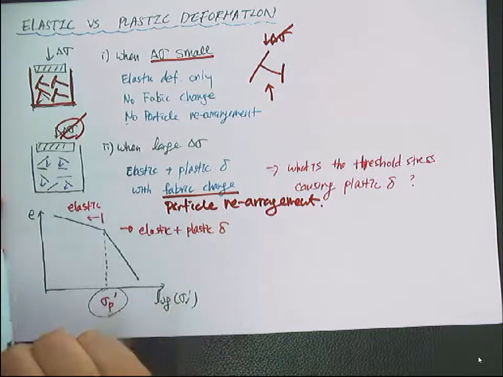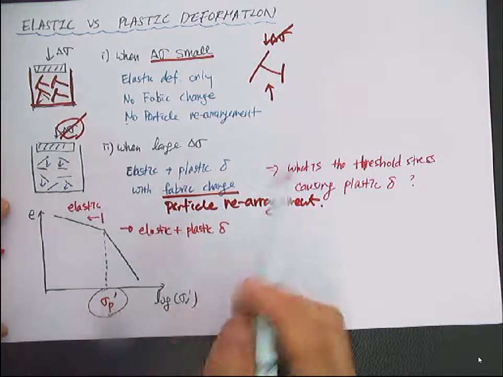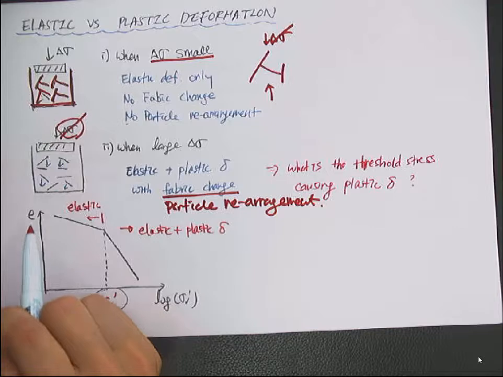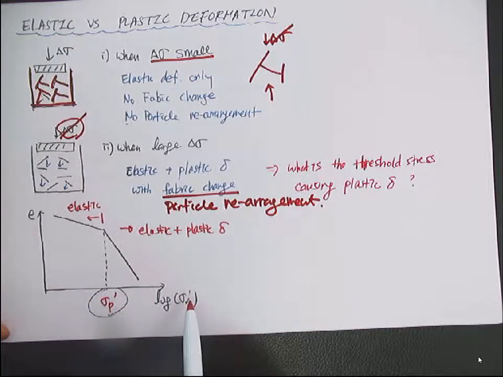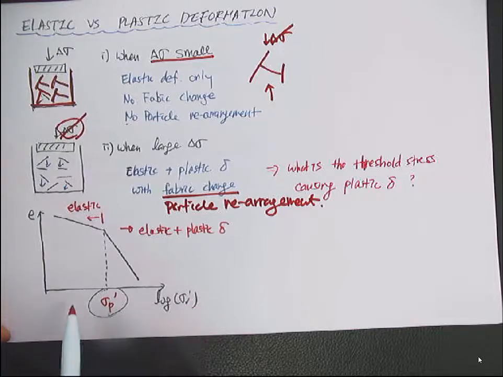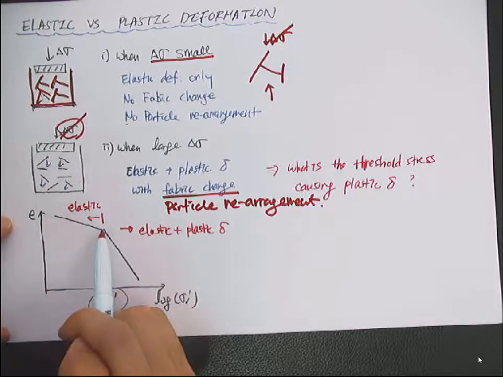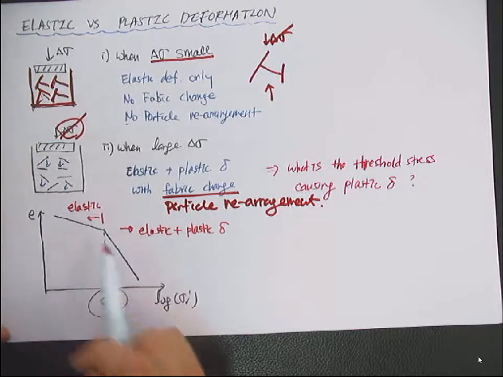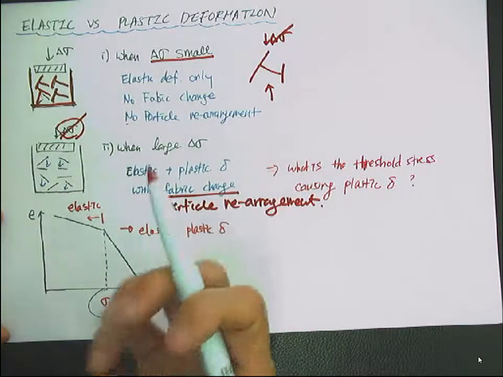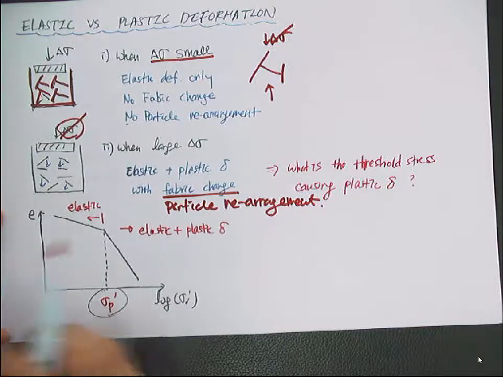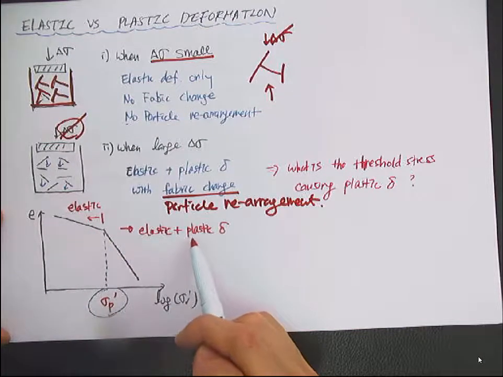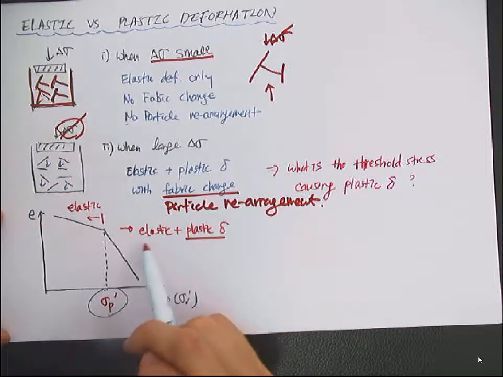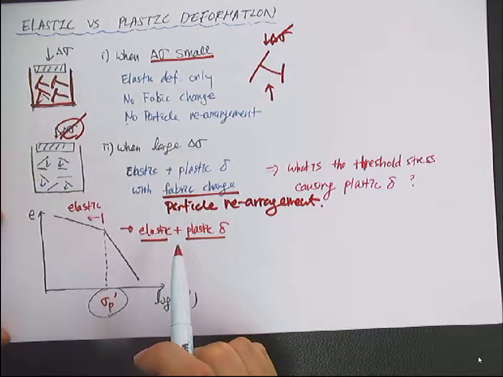Right? So, if you plot it in a chart, the e versus sigma v prime graph, then you have a small deformation, but this can be recovered whenever you remove this delta sigma. And when you reach some threshold value, then you have plastic deformation, which is permanent, and also large deformation occurring together.